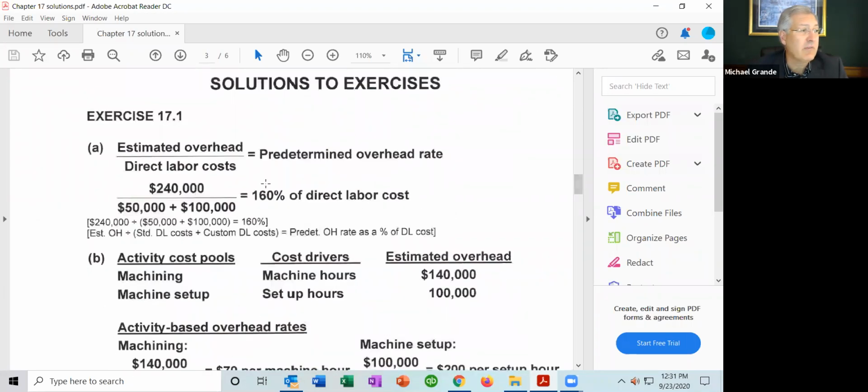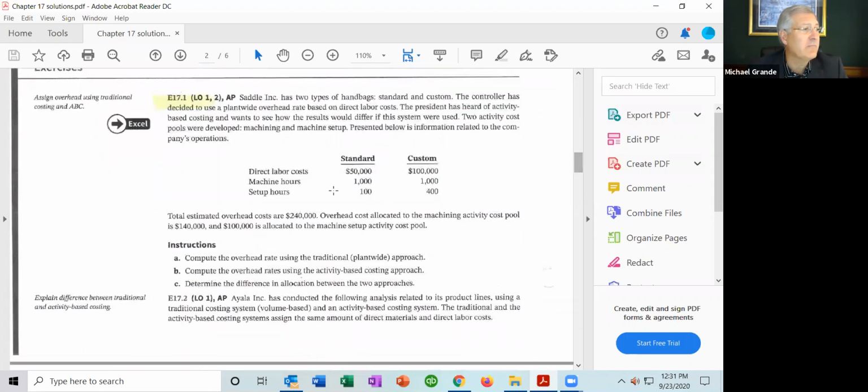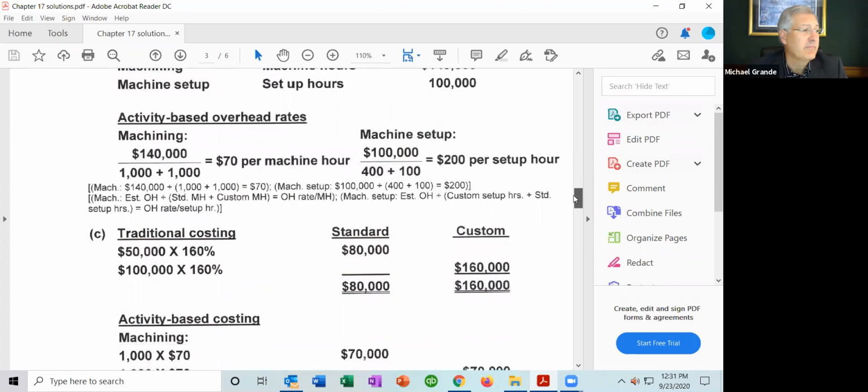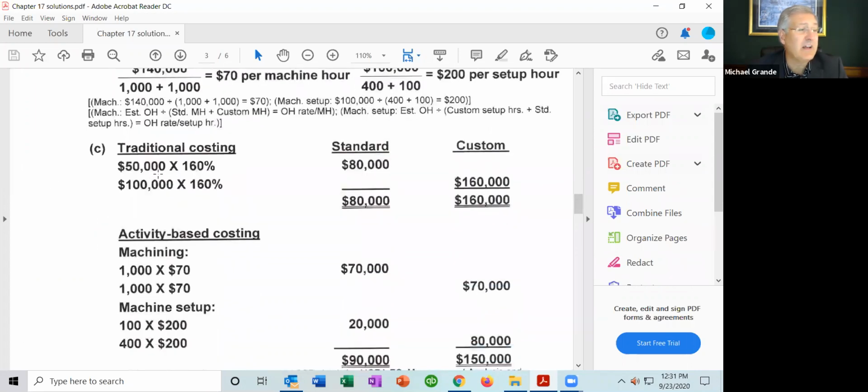We calculated the predetermined overhead rate to be 160% of direct labor costs. So what's the direct labor cost for the standard? Direct labor cost of $50,000. $50,000 in direct labor for the standard times 160%. Manufacturing overhead allocated to standard is $80,000.